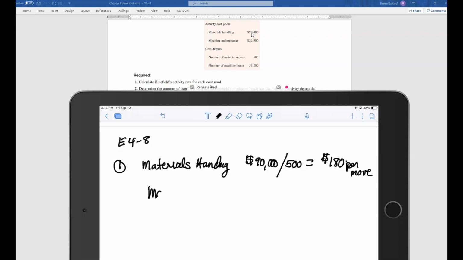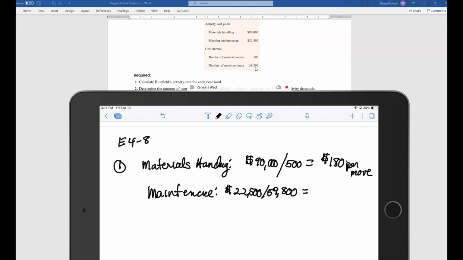And then maintenance is $22,500 total cost divided by the number of machine hours, 59,800.